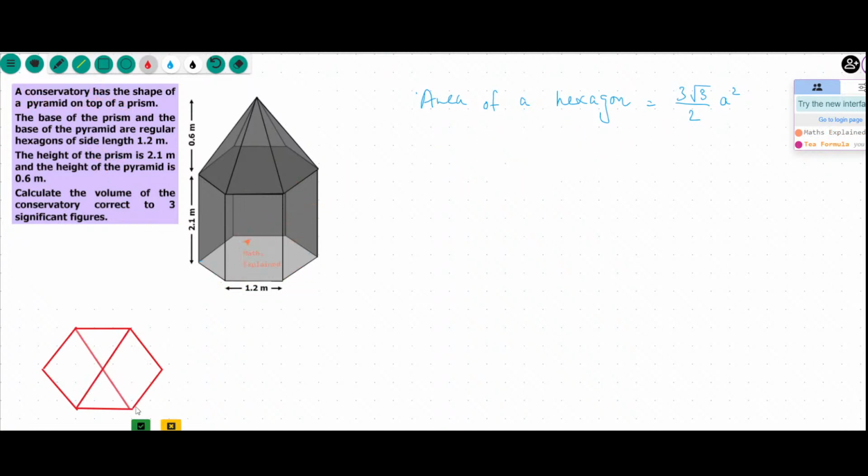Okay, so we can find the area of the hexagon if we have a, so that's going to be 3 root 3 on 2 times 1.2 squared. Guess we're going to need a calculator. 1.2 squared, 1.44.